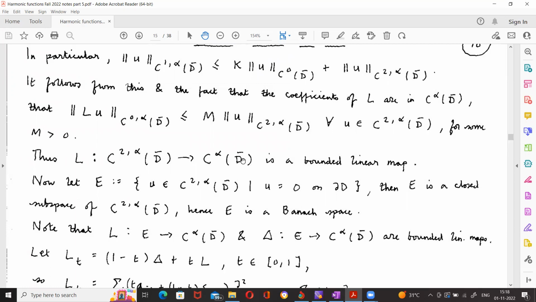So now for the solution of the Dirichlet problem, what we're going to do is first look at a closed subspace of C2 alpha closure. Those are going to be the U in C2 alpha closure whose boundary value is 0, right? So this is a closed subspace of C2 alpha closure, and so this subspace E is a Banach space.